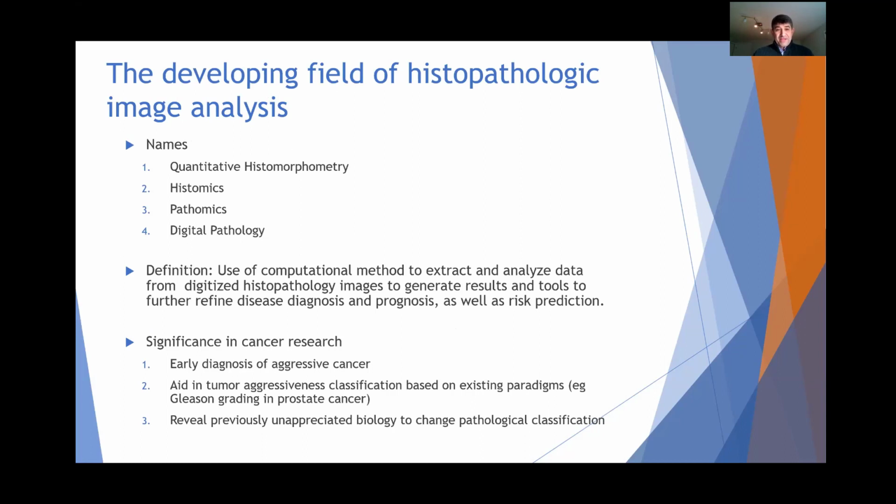So this area of histopathologic image analysis is a developing one, and developing very rapidly. It doesn't really have a good name yet, which is indicative of the field developing.